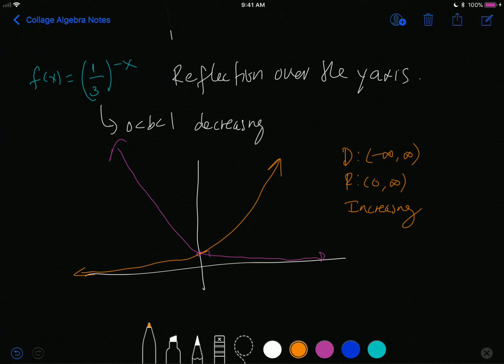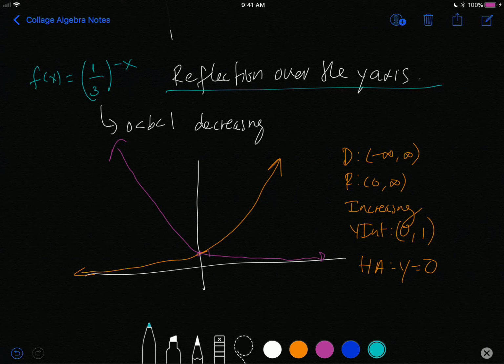It will have a y-intercept of (0, 1), and a horizontal asymptote, HA, of y equals 0. When I reflect the graph over the y-axis, only one of the four properties changes: the graph switches from decreasing to increasing.